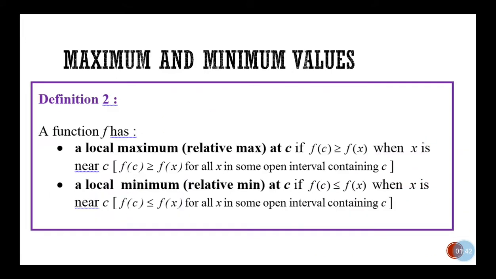Okay, and then for definition 2, tadi kita ada extreme or absolute. Now we have what I highlighted here as local maximum. A function f has a local maximum, relative maximum at c sekiranya f(c) is more than f(x) when x is near c.